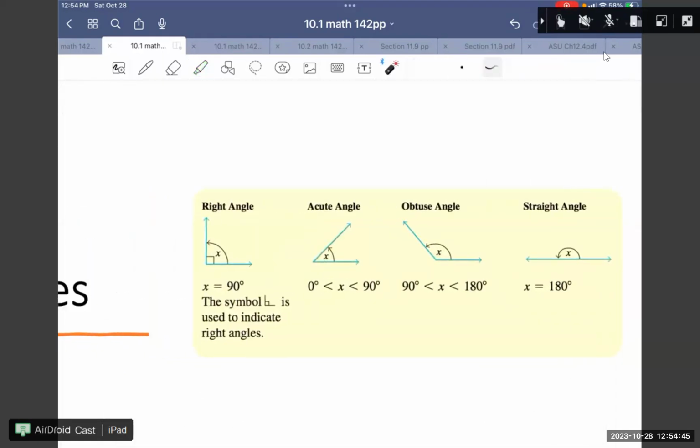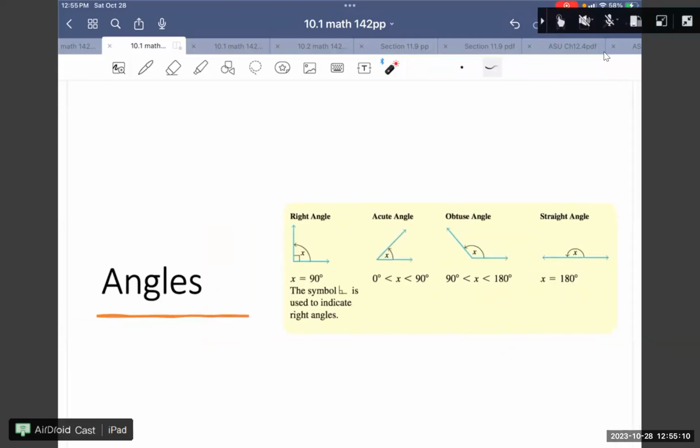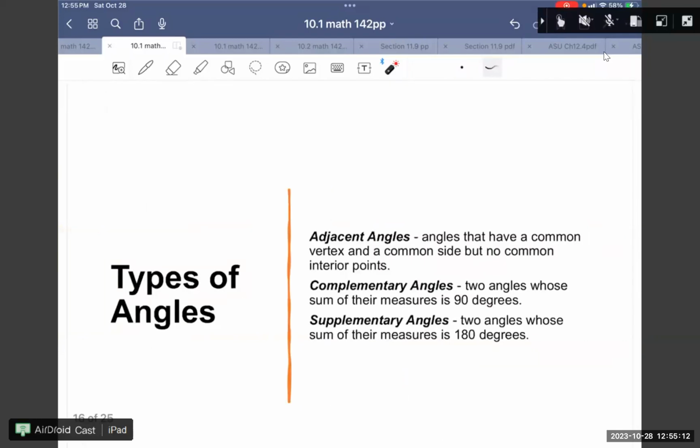This one is a right angle because these rays are perpendicular, with the perpendicular symbol right here. This one is an acute angle, between 0 and 90 degrees, and this one is an obtuse angle, bigger than 90 but smaller than 180. The straight angle is 180 degrees.